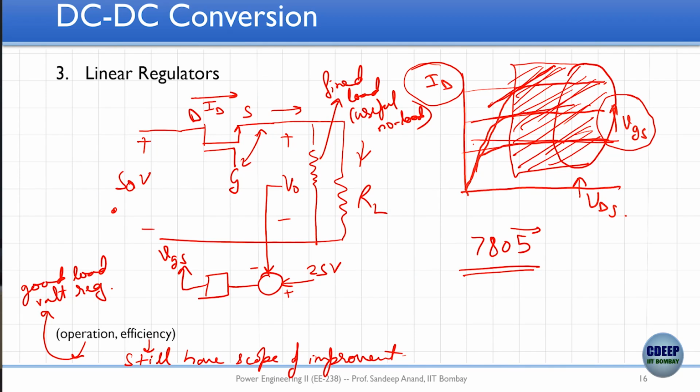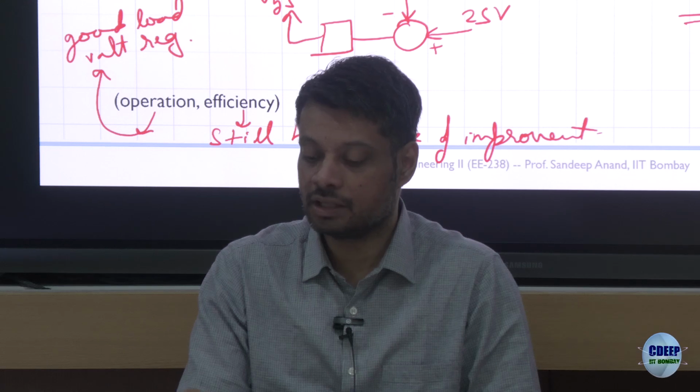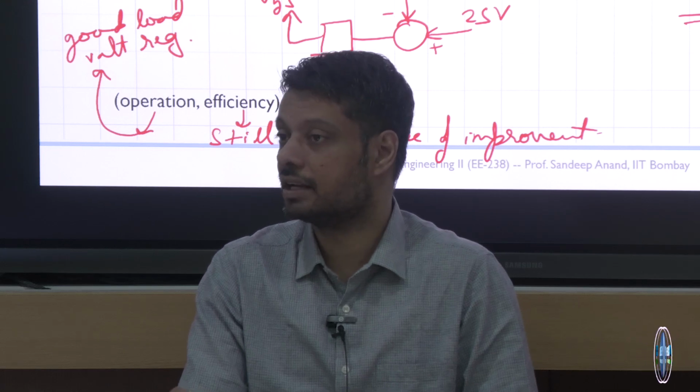So then we looked at linear regulators, which are essentially in a way controllable current sources or controllable resistances, right? If I use a MOSFET or even a transistor for that matter, then by controlling the gate to source voltage, or the base current if it is a BJT, I can control the drain current, or the channel current.